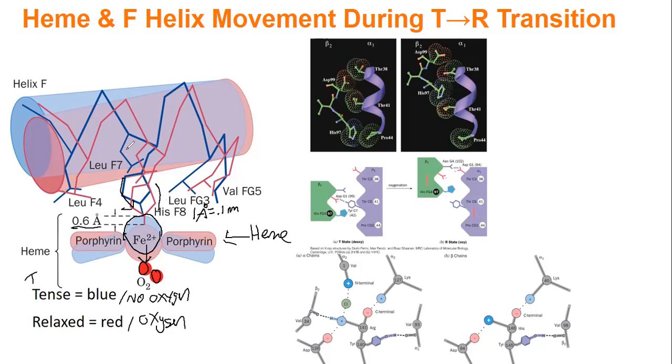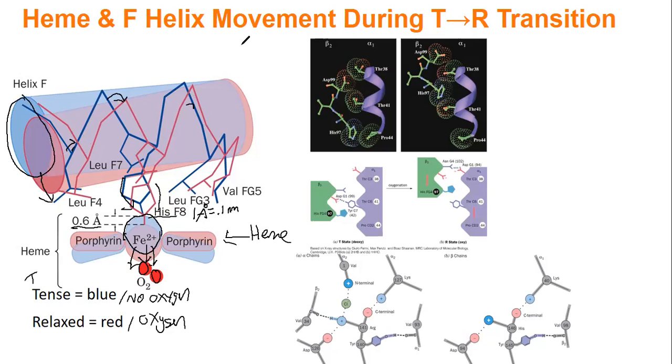So if histidine gets pulled down, all of these other amino acids get pulled with it. And this barrel that we're seeing here represents all the amino acids. All of the amino acids shift because this one histidine gets shifted, and this one histidine gets shifted because iron is trying to go closer to oxygen. All right. So that's what happens in one subunit of hemoglobin when oxygen binds.